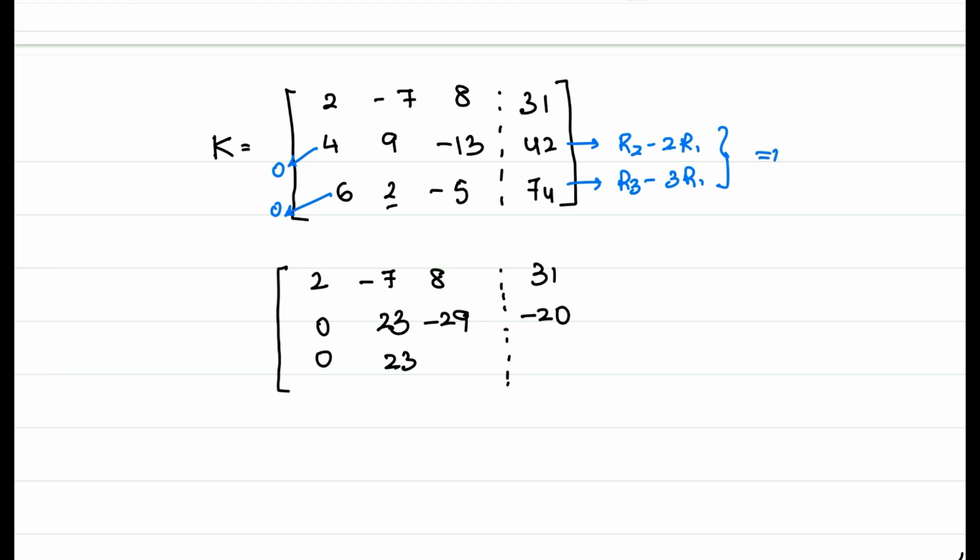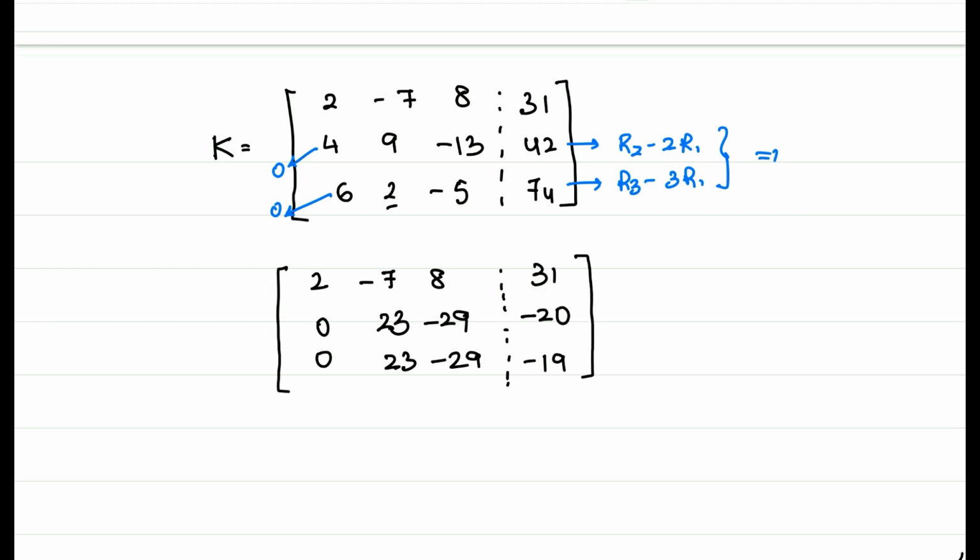Then R3 minus 3R1, R3 is minus 5, minus 3 into 8 is 24, minus 5 minus 24 is minus 29. And here you see 74 minus 3R1. 74 minus 3 into 31, 3 into 31 is 93, 74 minus 93 is minus 19. This is the augmented matrix.